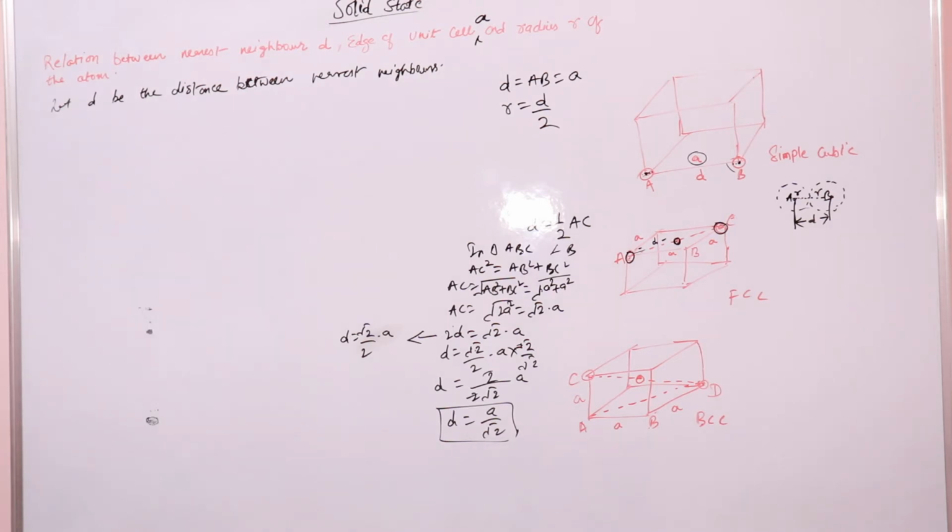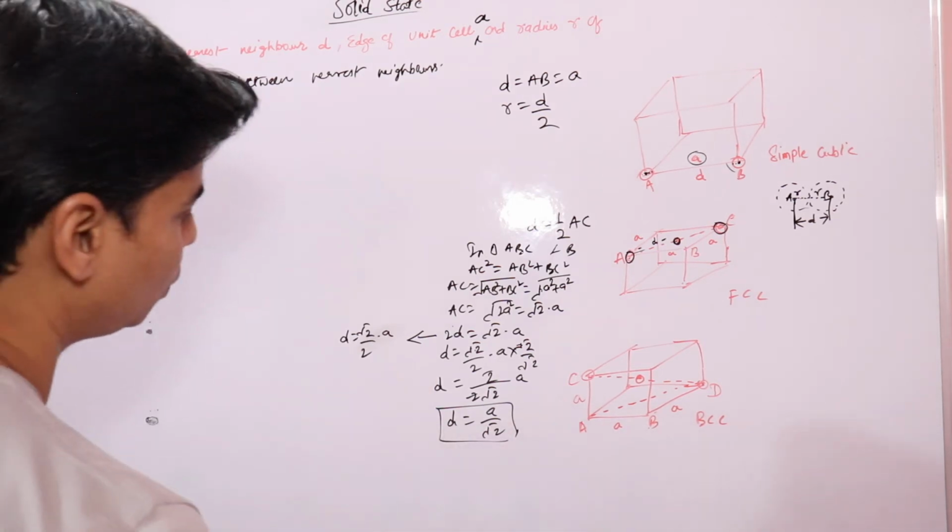D is equal to root 2 upon 2A, or this can be written as A upon root 2, right? D is equal to A upon root 2. This is the first relation that we got. D is equal to A upon root 2.